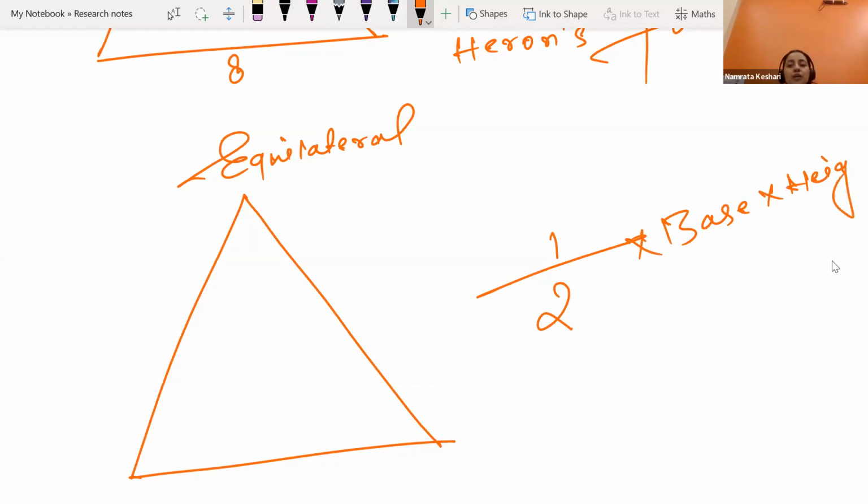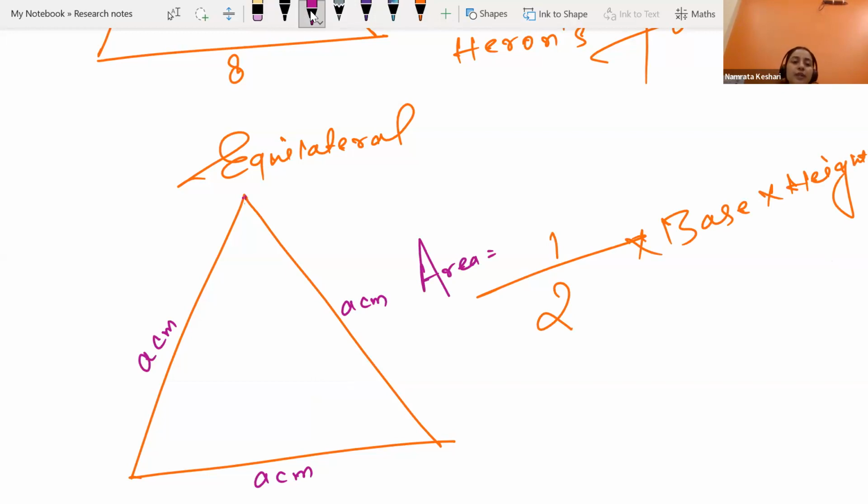What we can do over here, Irshad and everyone, please focus. This is an equilateral triangle, and I am going to write each side as a units, a centimeter. A is nothing but the side. Now here, if we want to find the area by using the older formula, we have to draw a height.